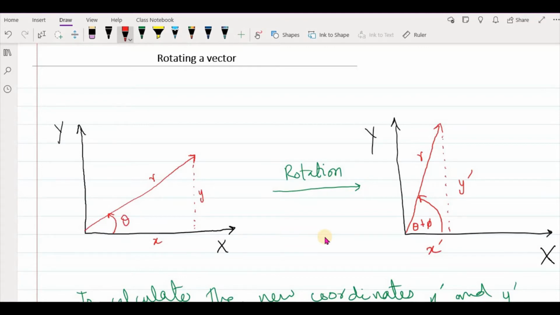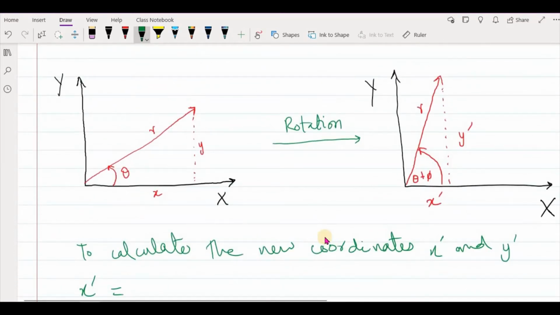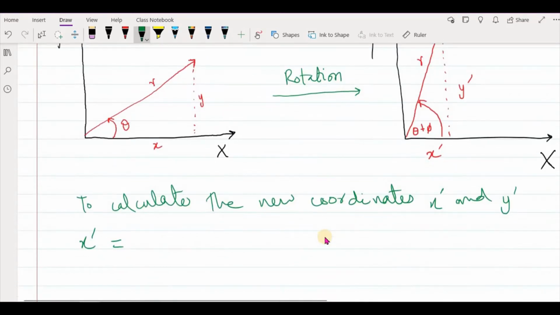You can see that this is our triangle, this is a right angle triangle, and we can write it like this, that x dash or x bar is equal to r cosine theta plus phi.